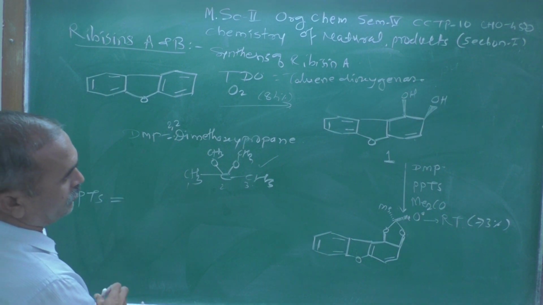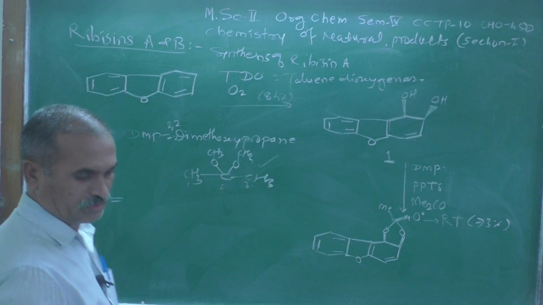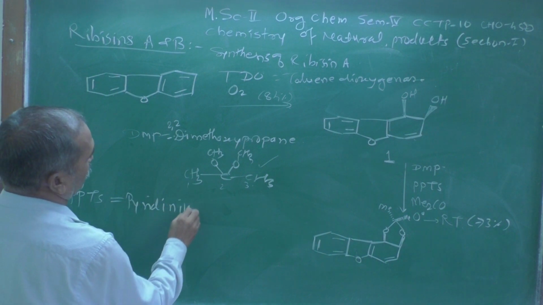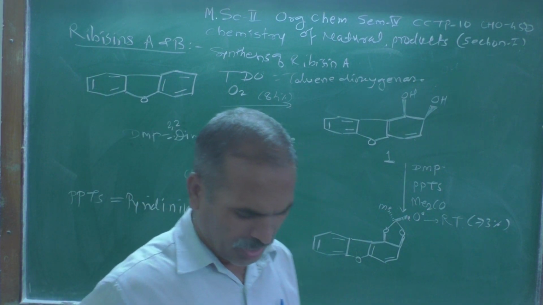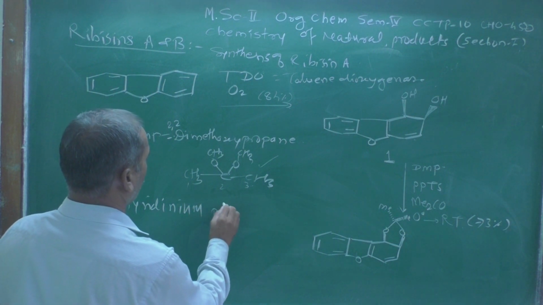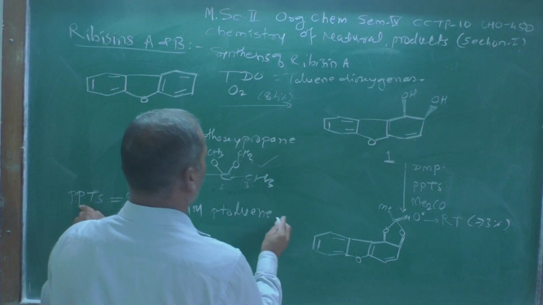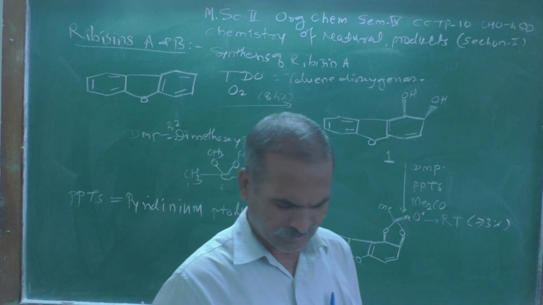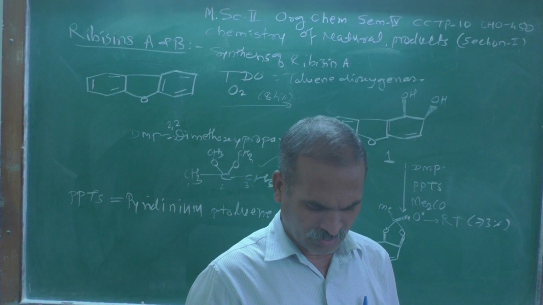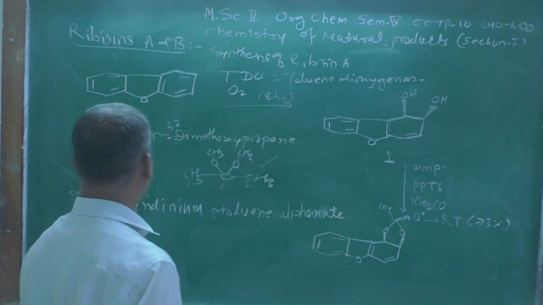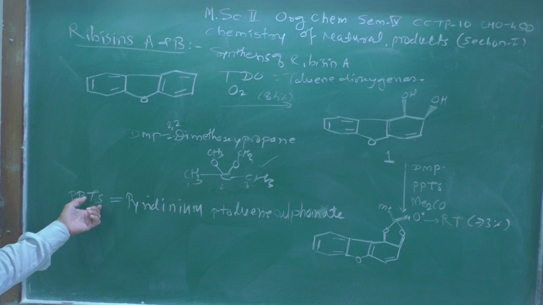The full form of PPTS is pyridinium, the second P stands for paratoluene, S stands for sulfonate.